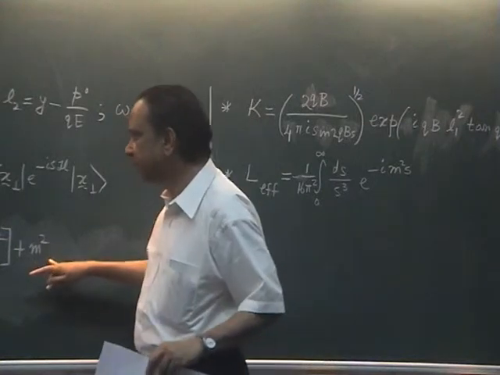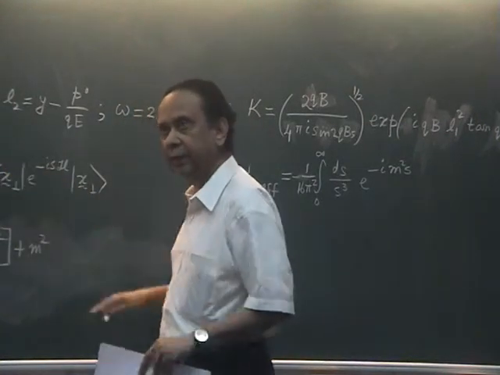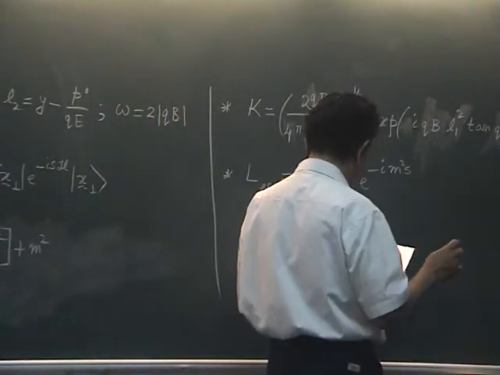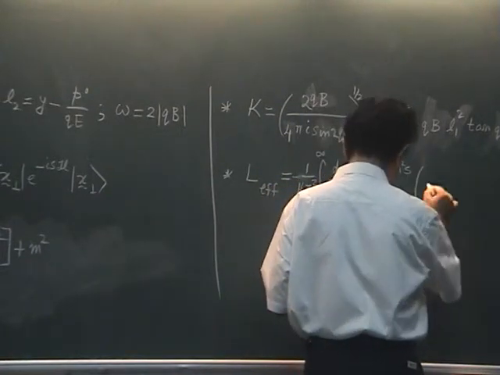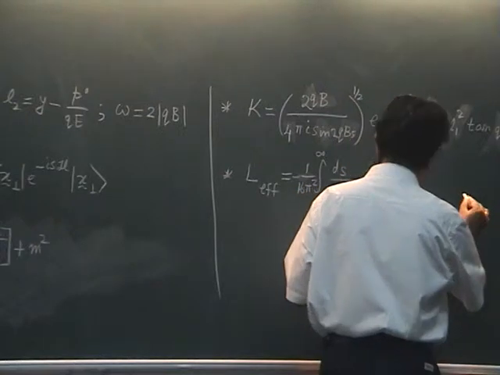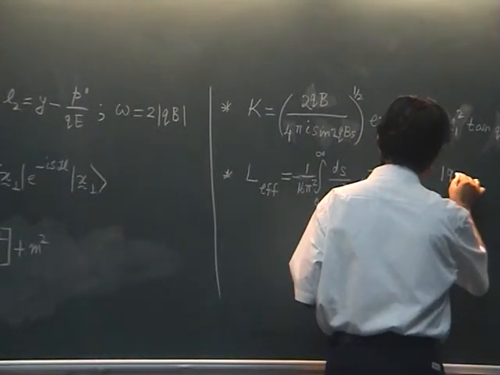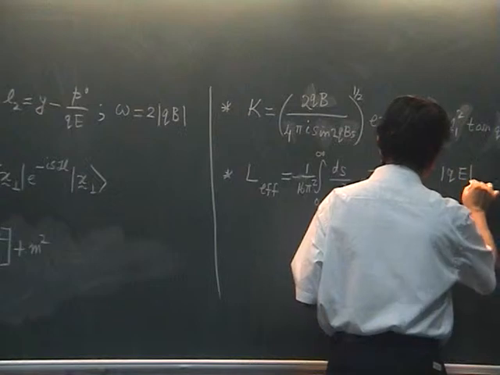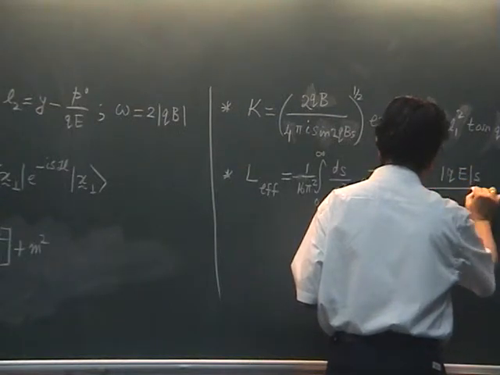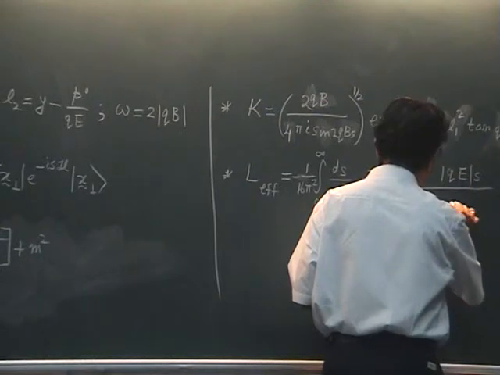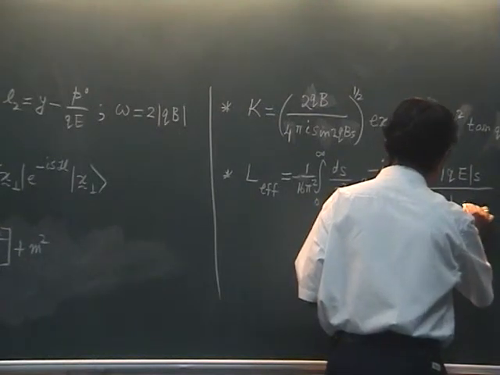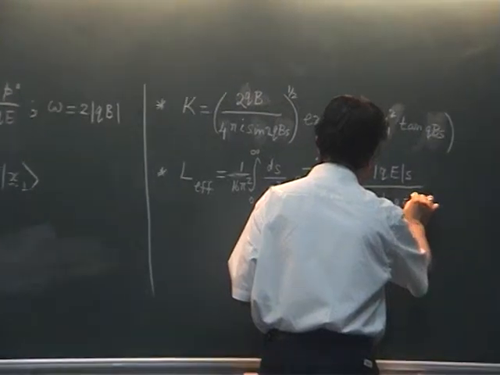That comes from just this m all the way going for a right, e to the minus i m square s. Then you have two factors which are QES from the electric field divided by sinh QES.